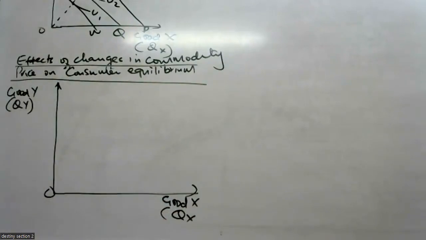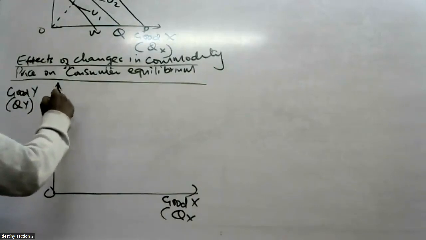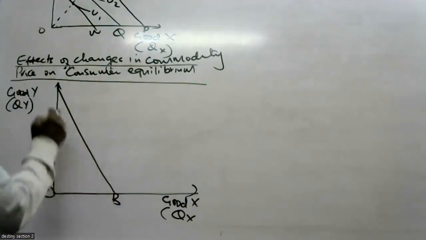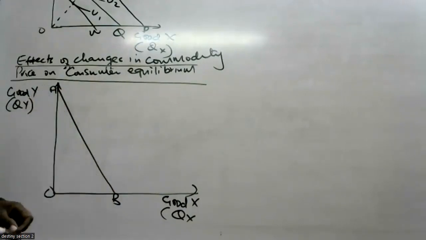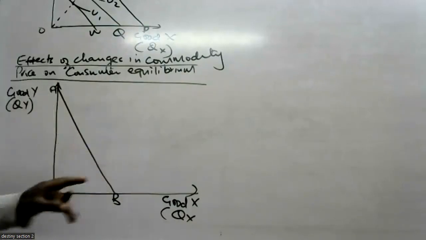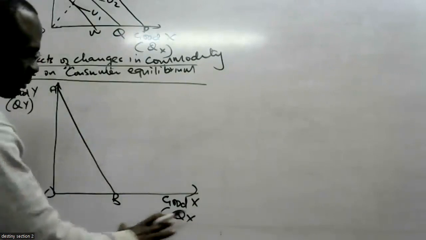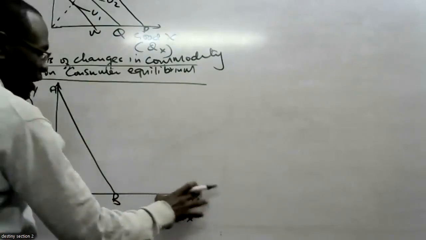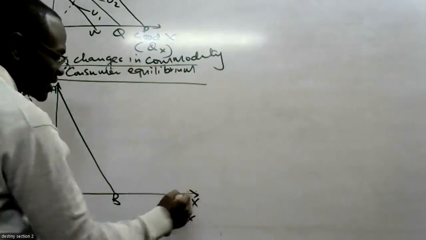Okay. So we have this, called the budget line, AB. If you want to analyze the effect of changes, assume that it is the commodity on the horizontal whose price is changing, and you will assume that its price is falling.